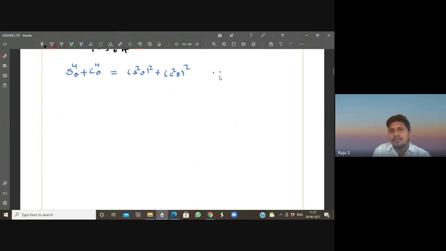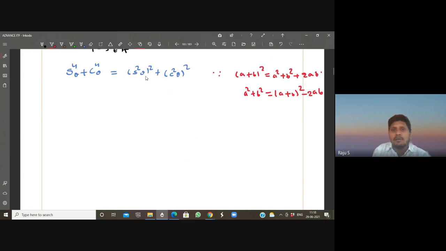But it is in the form of a plus b whole square formula: a square plus b square plus 2ab. Take this 2ab value to the left side, then on the right side what remains is a square plus b square alone. So a square plus b square can be written as a plus b whole square minus 2ab.